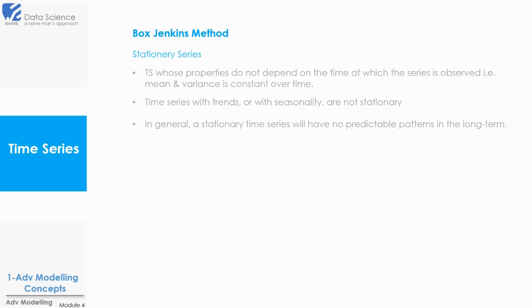Now obviously we will not look at the graph to check the stationarity. So we use the Dickey-Fuller test to check if the series is stationary or not. Here the null hypothesis is that the process is not stationary, and the alternate hypothesis is that the process is stationary. Now again, no need to go into the details of this test. It can be easily done in R. So we'll skip the details.